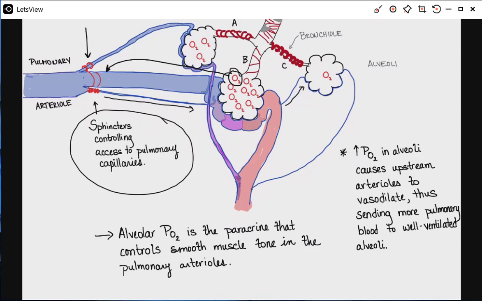So this is kind of an interesting dynamic. Oxygen gas and CO2 gas are the two gases of significance in the alveoli, and they're both affecting smooth muscle tone. Oxygen gas in the alveolus affects the smooth muscle around the blood vessel, whereas CO2 affects the smooth muscle around the bronchioles.